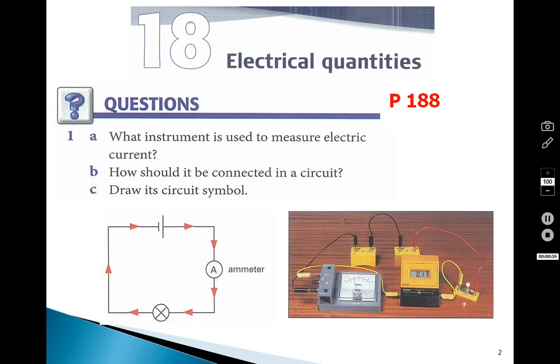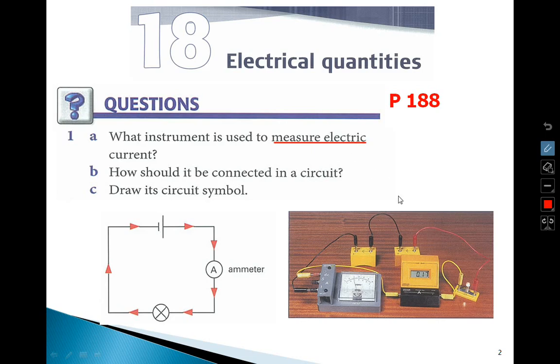Question number 1, section A. What instrument is used to measure electrical current? What device can be used to measure electrical current?